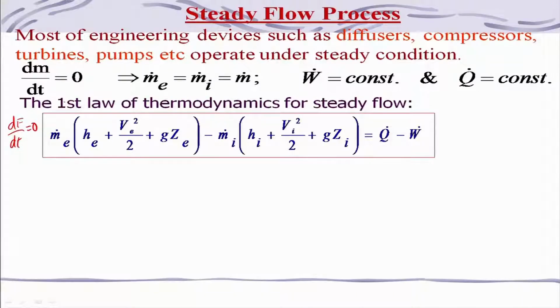So we are not considering the unsteady terms for the steady flow. And since m dot at the inlet is equal to m dot at the exit, from mass conservation for steady flow, I can divide by m dot everywhere. So what will I get?